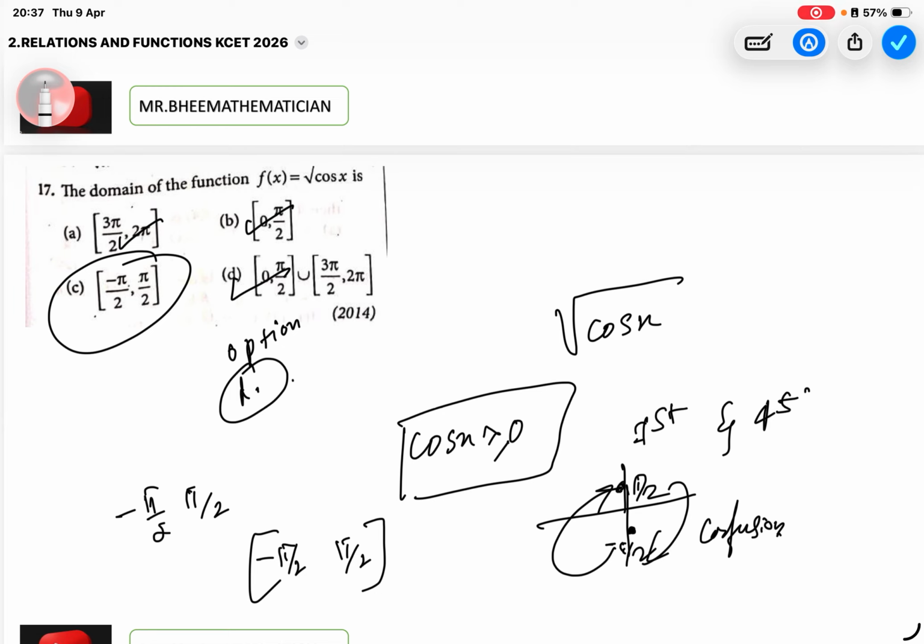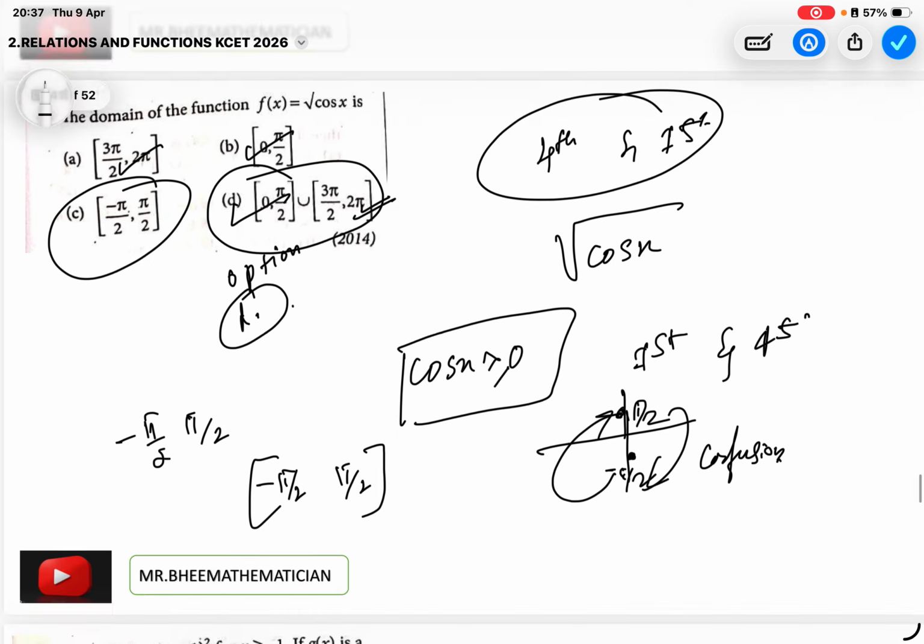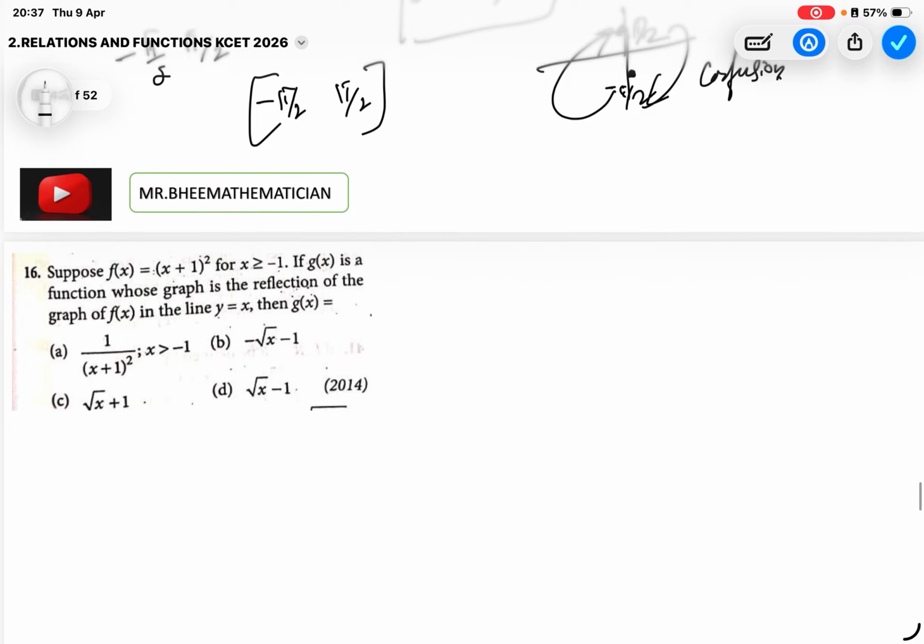The domain of the function is where it is positive, you need to check. The answer is a union. They are taking the separate fourth and first quadrants. Option D is correct. And you can do this one.